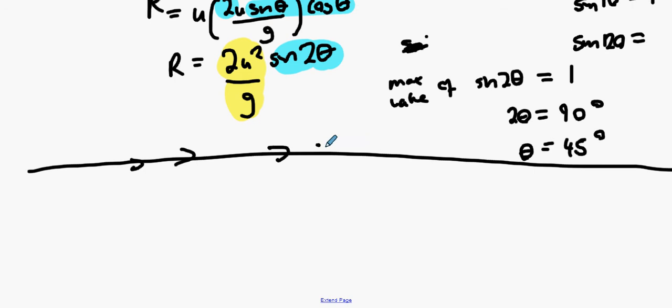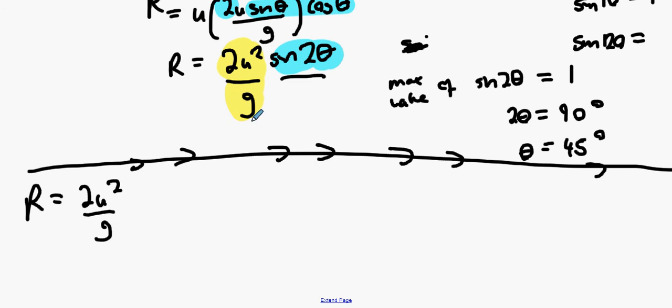Next thing we've got to do is use this 45 degrees to find Sx and Sy, so, to find the greatest height and the range. So what's the range using this value? 2u squared over g, and this becomes sine 90. Your maximum range is 2u squared over g.